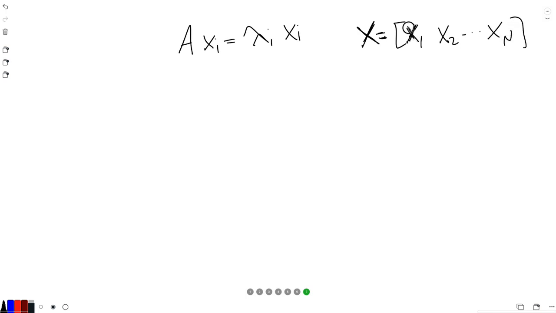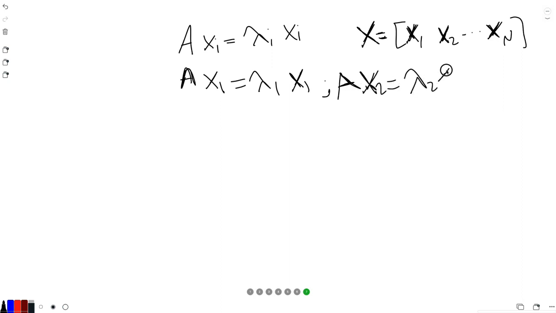Remember that each x here is an eigenvector: the first eigenvector, the second eigenvector, and so on. Which means that A times x1 equals lambda 1 times x1, and A times x2 equals lambda 2 times x2, and so on.